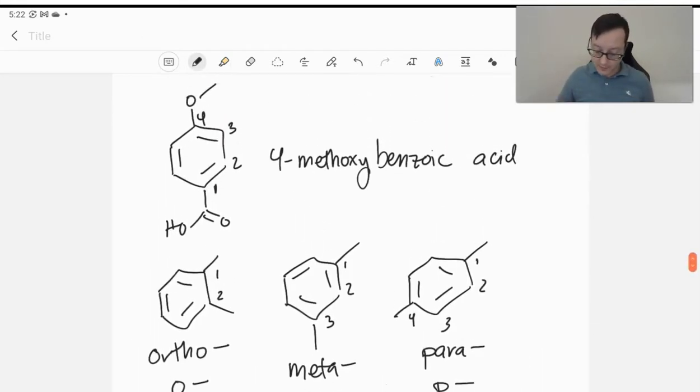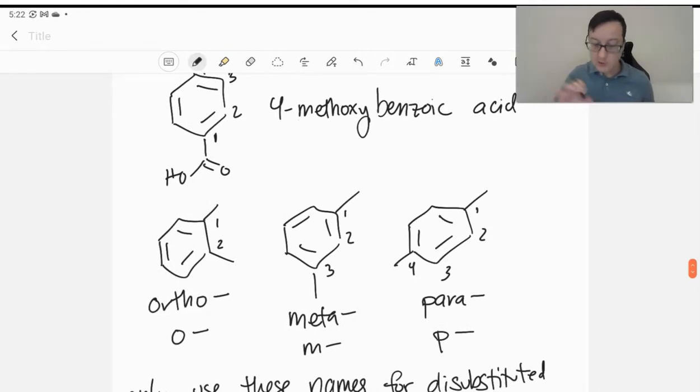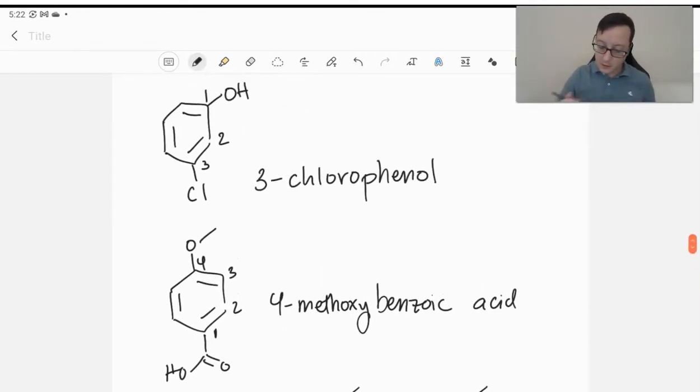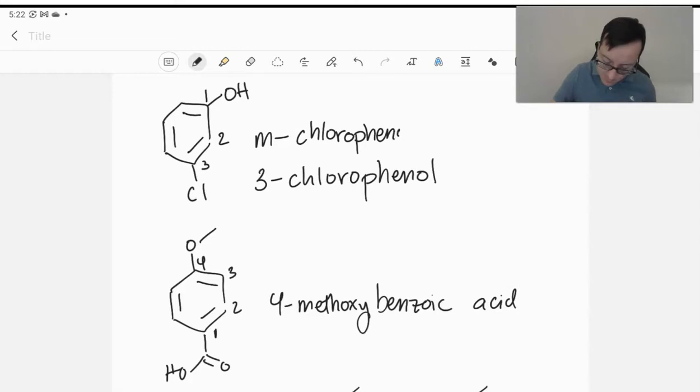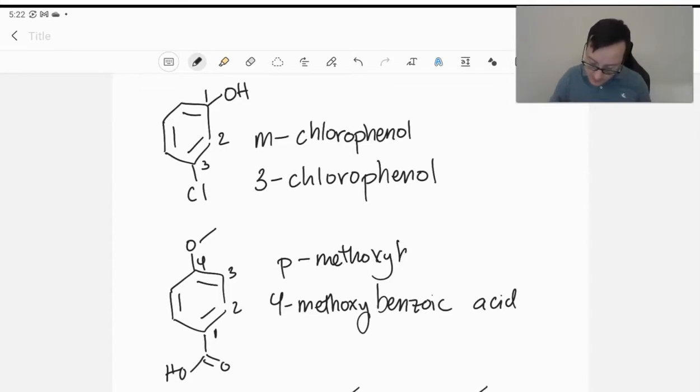We can see we can also apply these terminologies, ortho, meta, and para, to the previous two examples. We could have called this metachlorophenol instead of 3, and we could have called this para-methoxy benzoic acid.